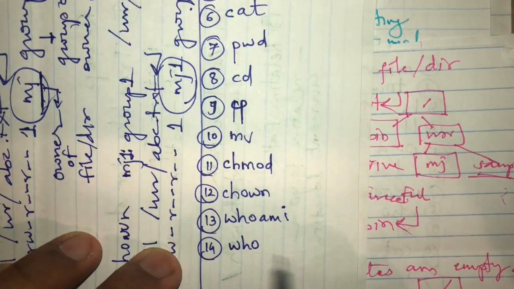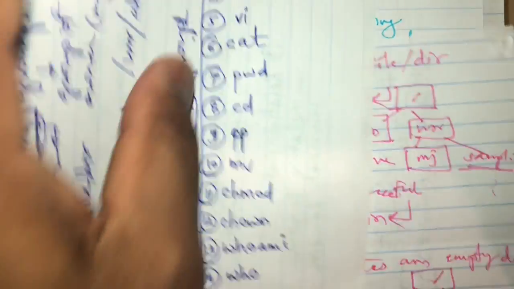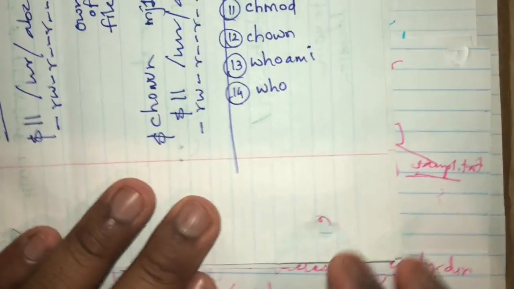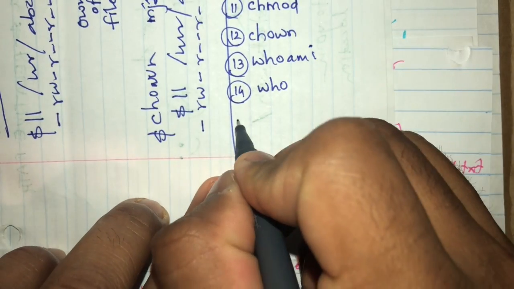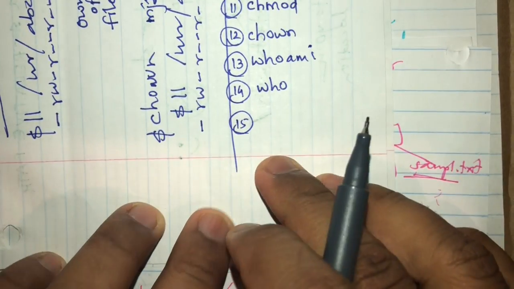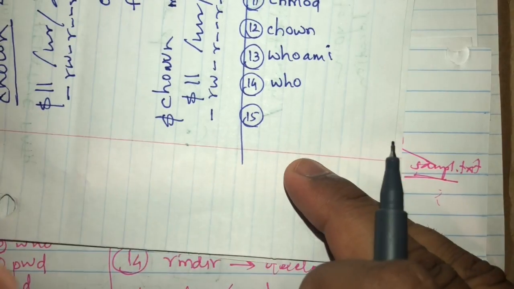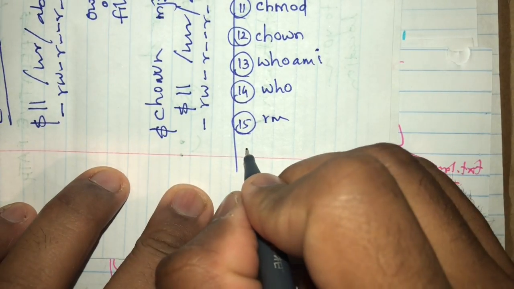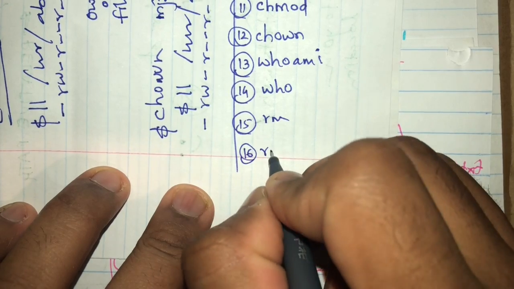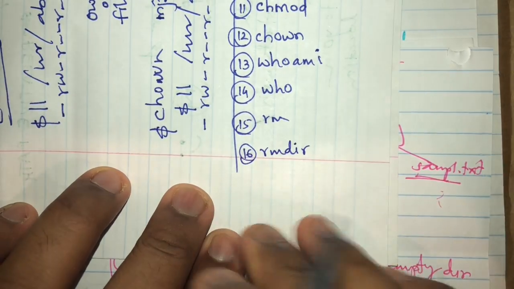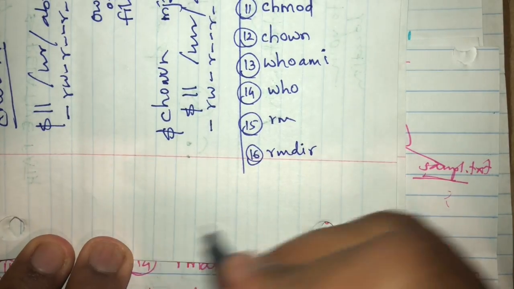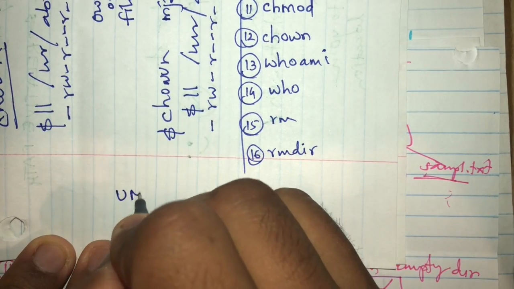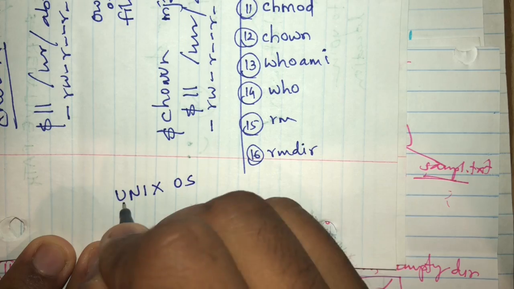The who command will print the list of all the users which are currently logged into the system. And then you will have the rm command, which will remove a file or directory, and the rmdir command, which will remove only an empty directory. So this finishes our prerequisite of Unix OS.